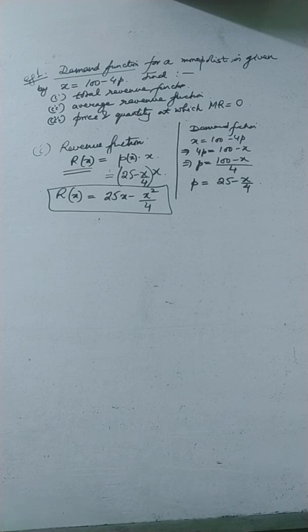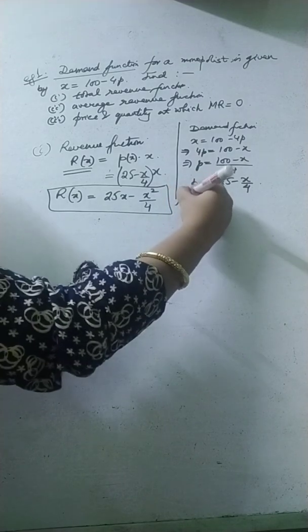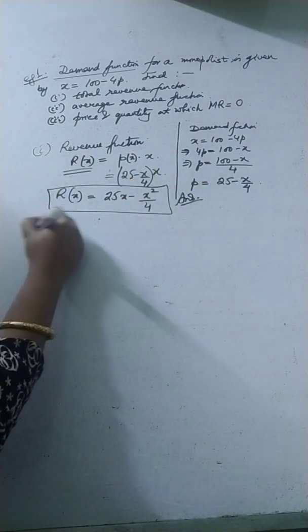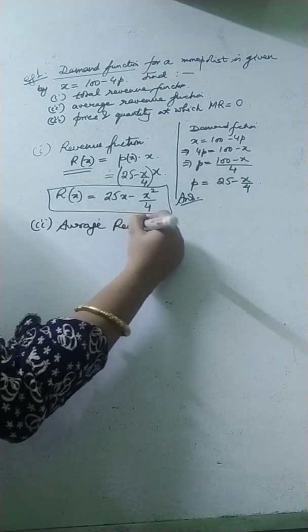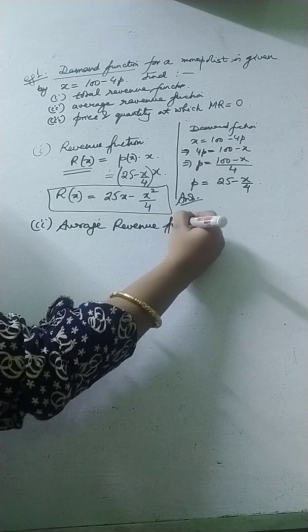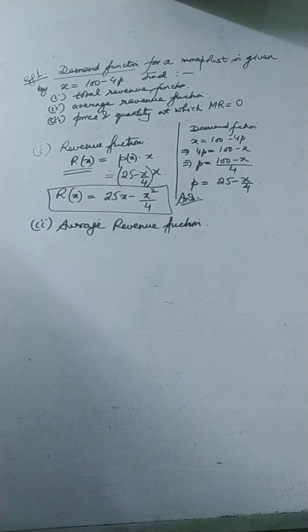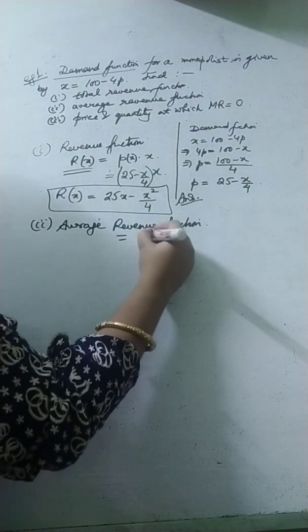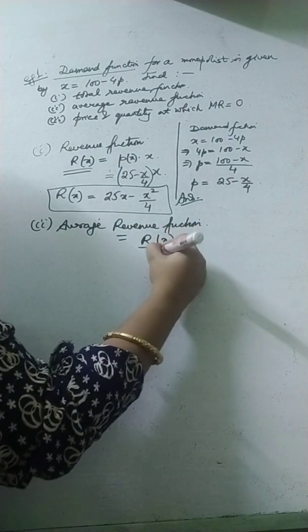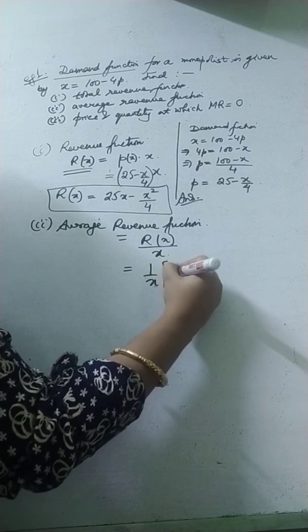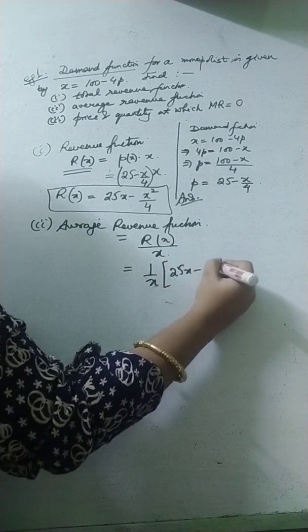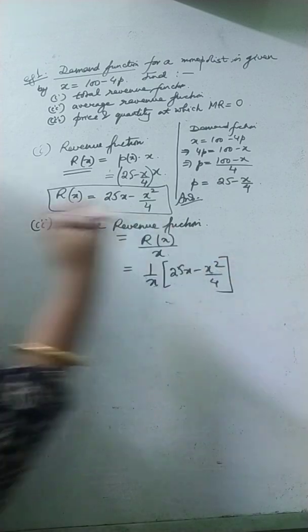The next subpart now, the average revenue. Subpart 2, average revenue function. The average revenue function is given by, as we discussed a little while ago, R(x)/x. That means you divide 25x - x²/4 by x.